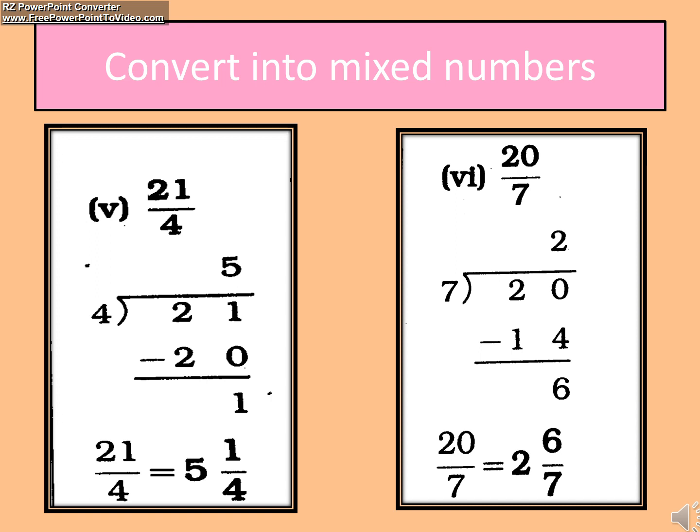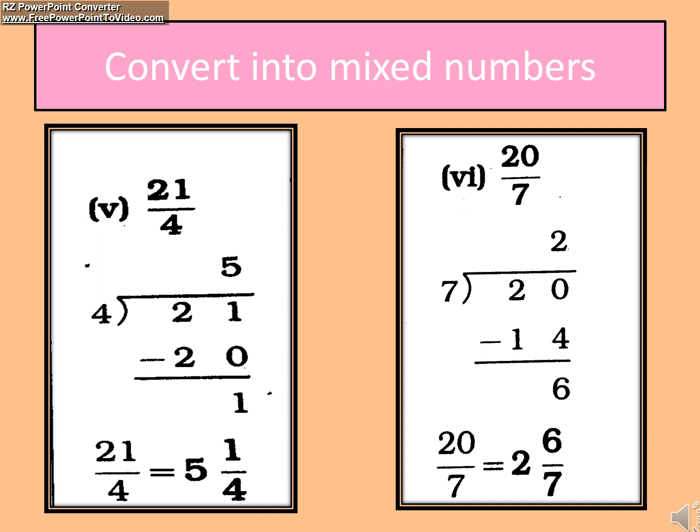Now after completing with division, what we will do? We will write it into a mixed number. What method we have studied? QRD. Again and again I am repeating the formula QRD. Your quotient will become whole number, that is 5.